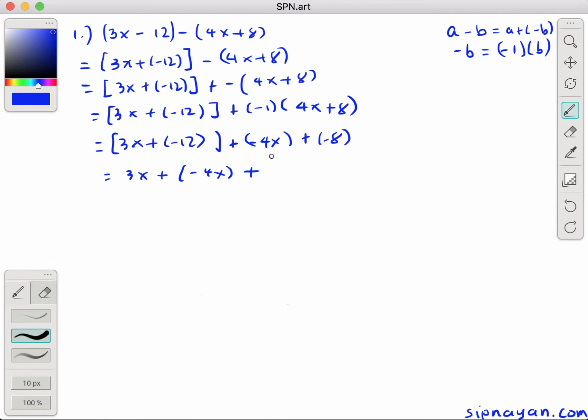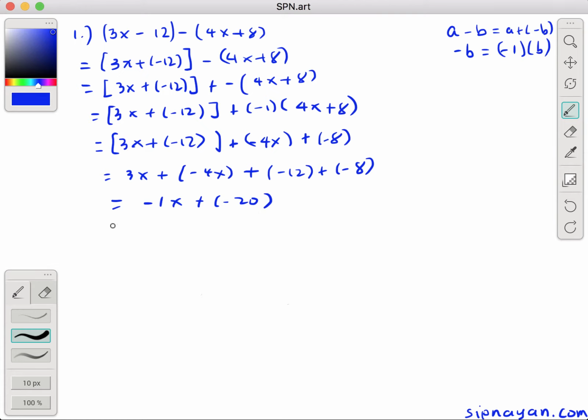Kita naman na magkatabi. Plus negative 12 plus negative 8. And then we have 3x plus negative 4x, that is 3 plus negative 4, that is negative 1x, plus, what is negative 12 plus negative 8? This is plus negative 20.